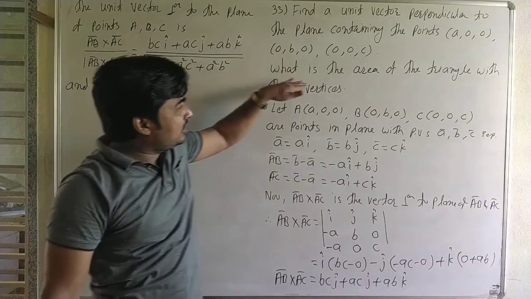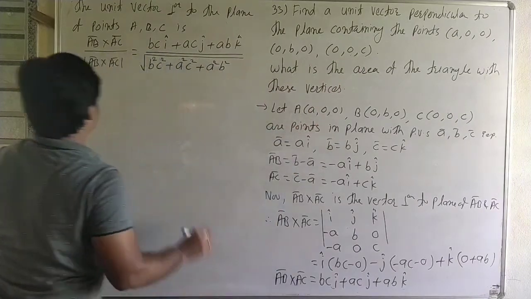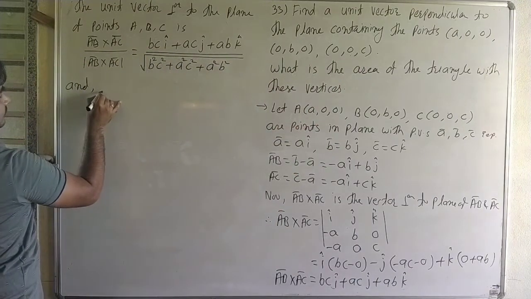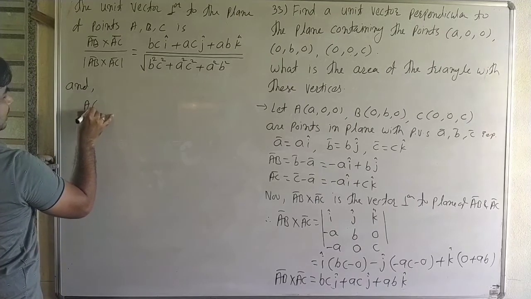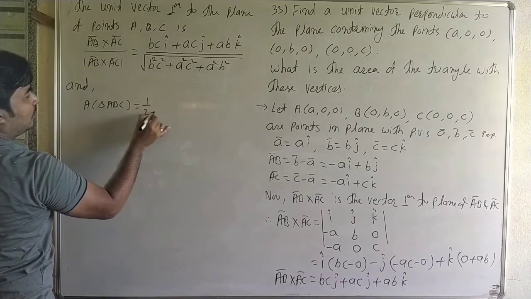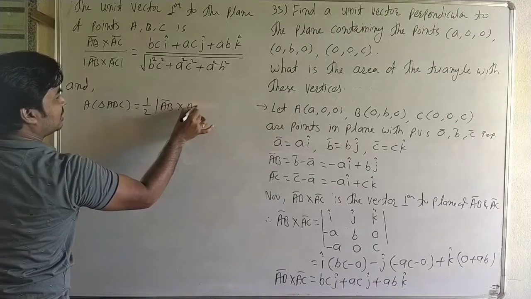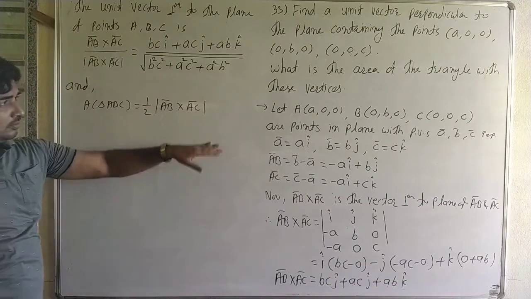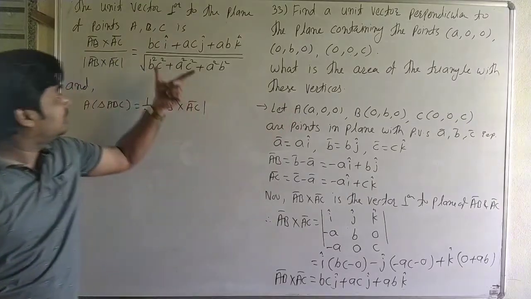Second question is, what is the area of the triangle with the vertices, okay, vertices A, B and C. Okay, therefore the area of triangle ABC is 1/2 into AB cross AC. Okay, take any two sides. AB cross AC. Why take AB cross AC? Because it is already done.